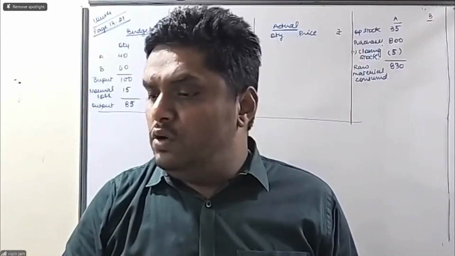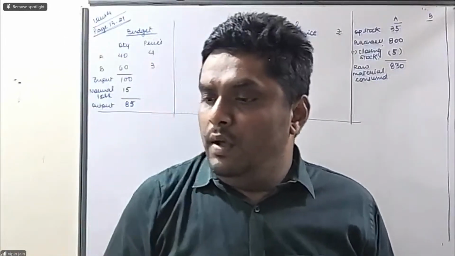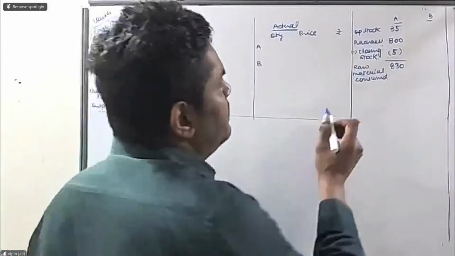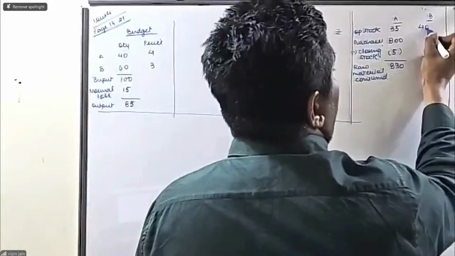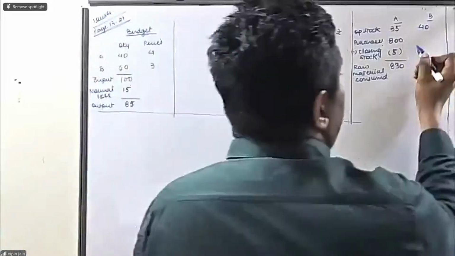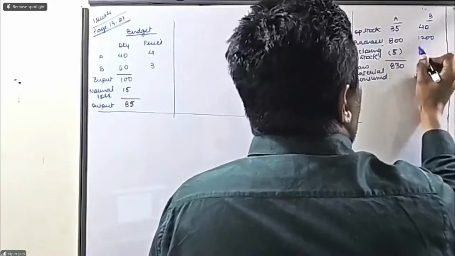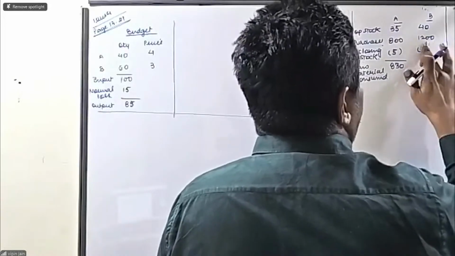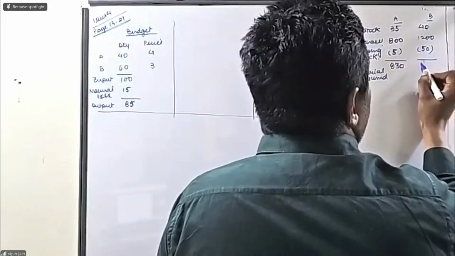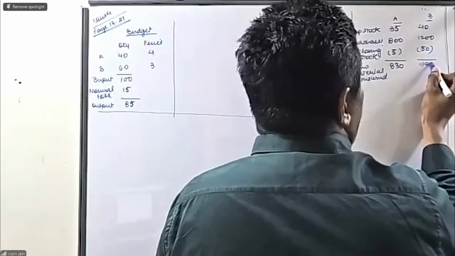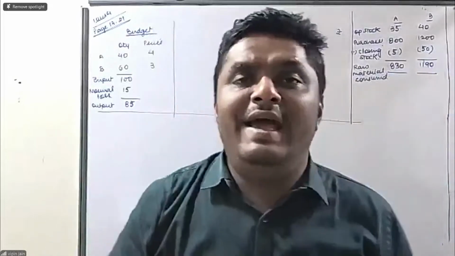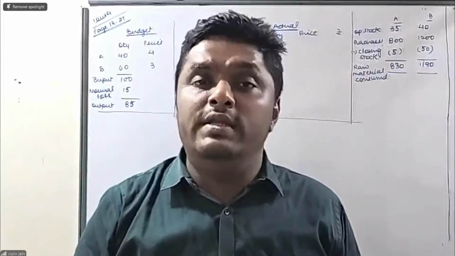Similarly, for B also, my opening stock is 40. The purchases made are 1200, and my closing stock is 50. So this will be 1190. So this 830 and 1190 is the raw material totally consumed.